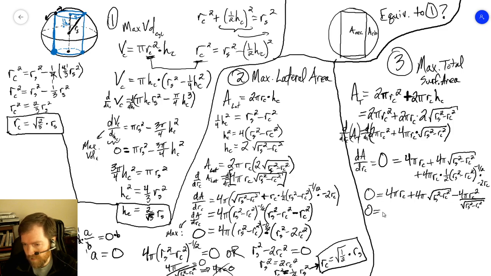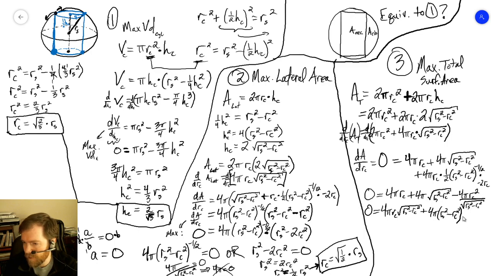to make this still 0 equals 4 pi rc times the square root of rs squared minus rc squared. This is going to be a plus 4 pi times rs squared minus rc squared.